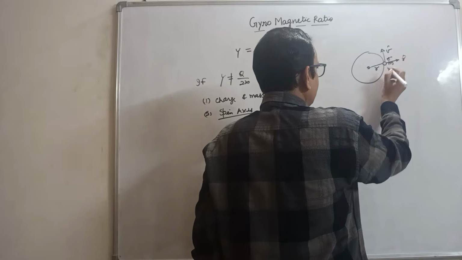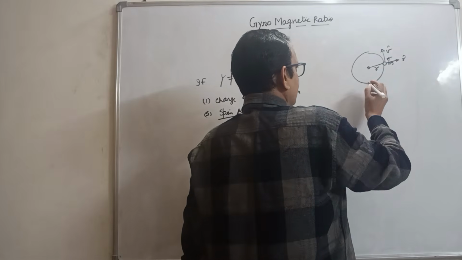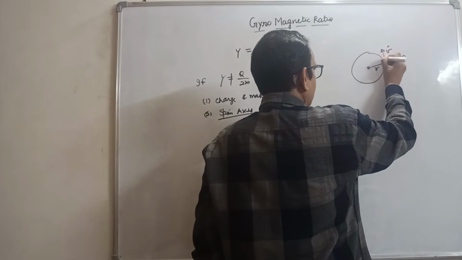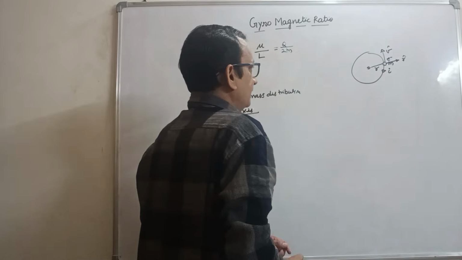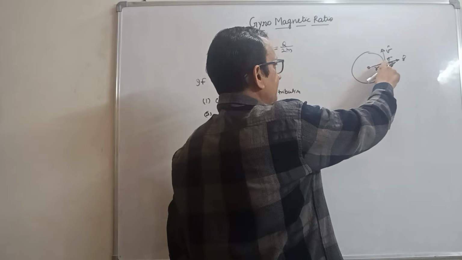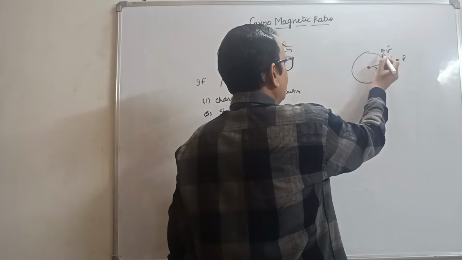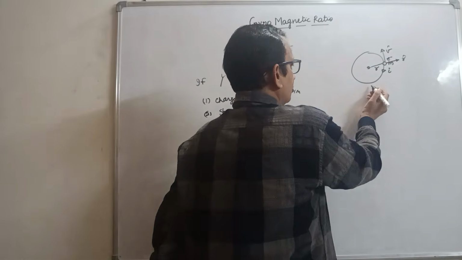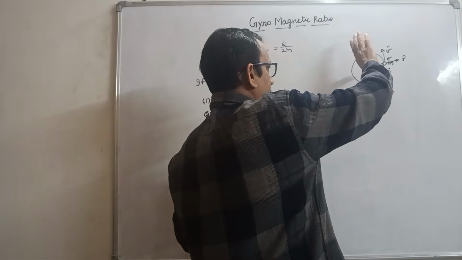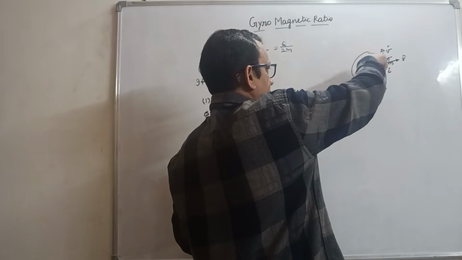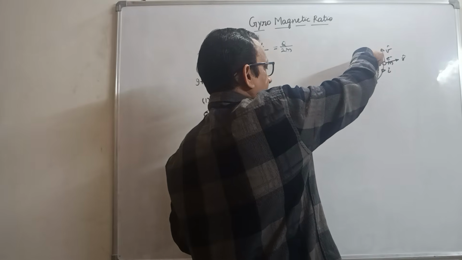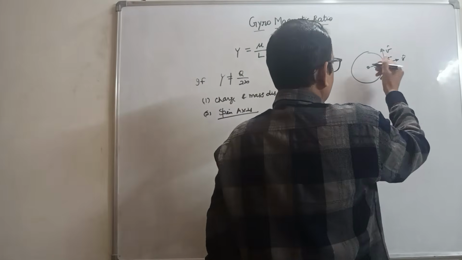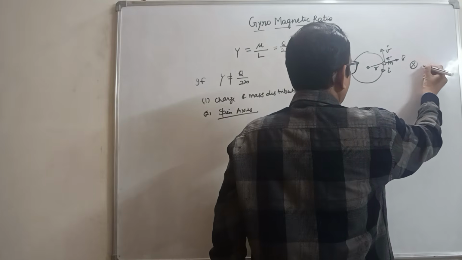As this is an electron revolving, the current moves in the opposite direction to the electron. So by the motion of the current, the magnetic moment would be directed inside.